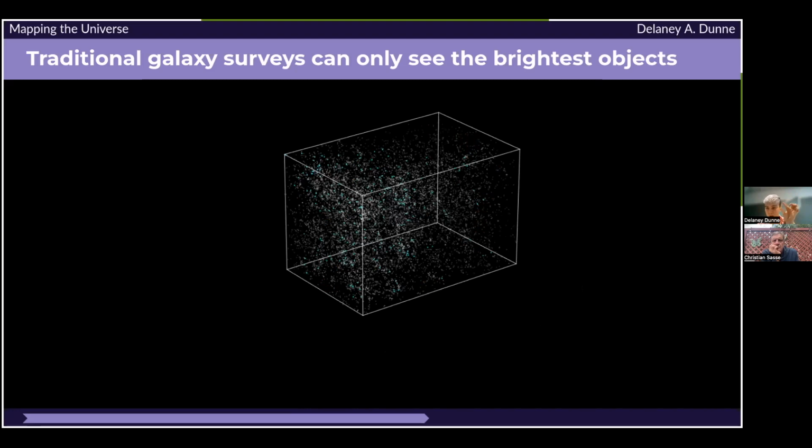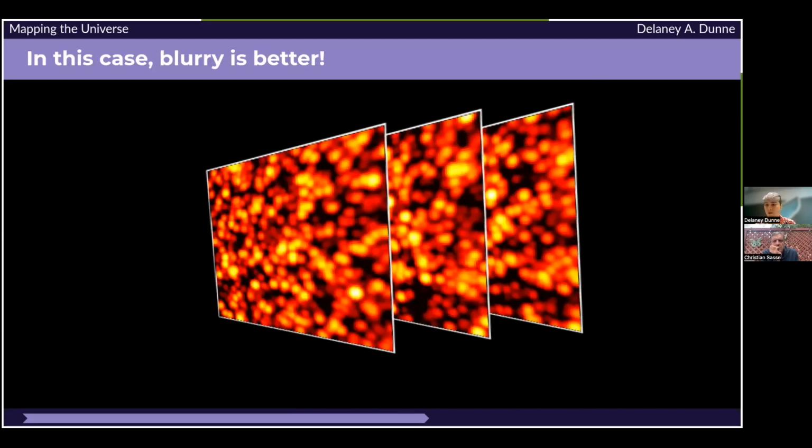And instead of pinpointing individual galaxies, our resolution is so poor that many individual galaxies fall into a single pixel. And this is on purpose because what we're trying to measure is the sum of the light from all of those individual galaxies, the total integrated emission, we call it.